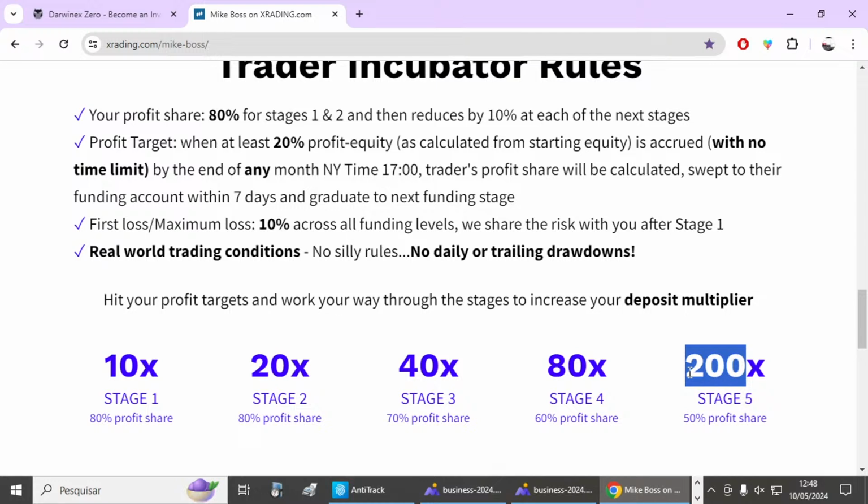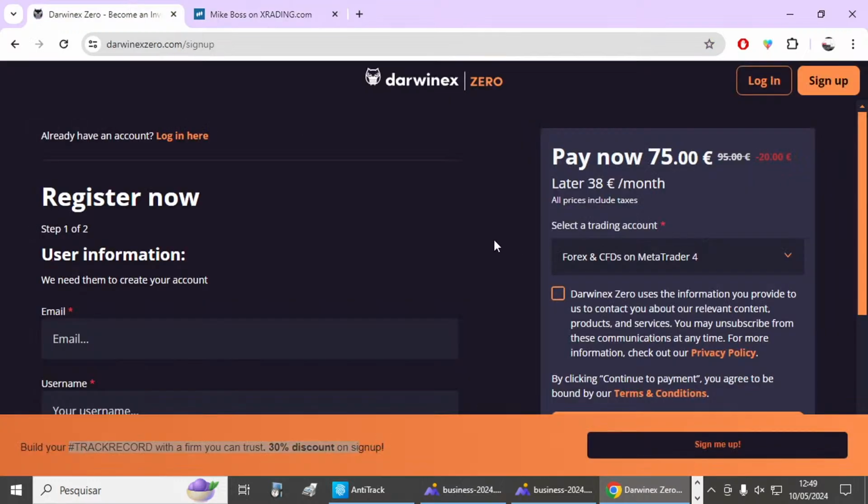Exactly, it's 1 million. In stage 5, they give you $1 million. But pay attention, you can lose only 10%. If you lose 10%, you get liquidated. These guys here, they don't care.